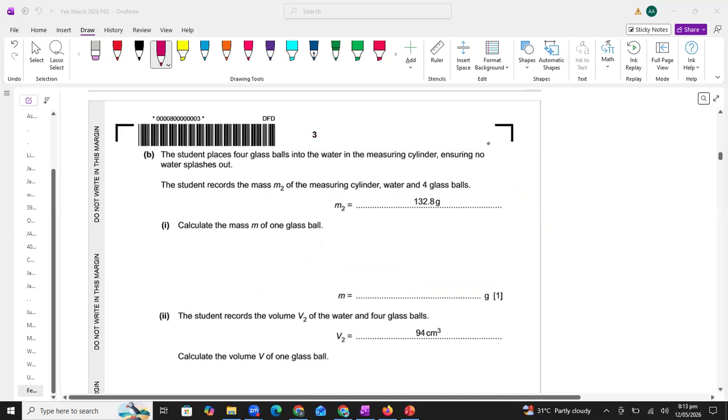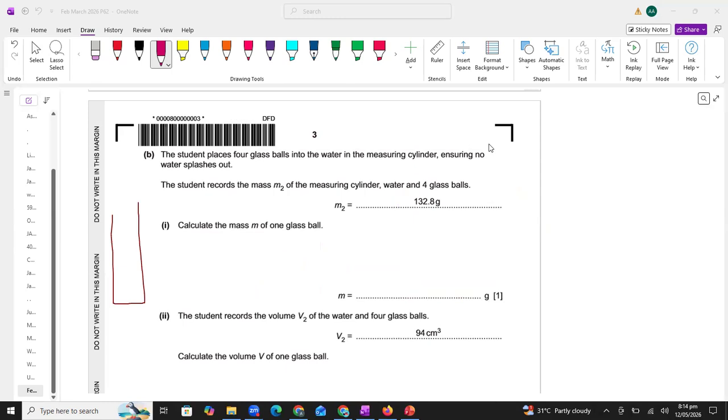In part B, they are saying the student places 4 glass balls into the water in the measuring cylinder, ensuring no water splashes out. So basically, this is the measuring cylinder and this is the amount of water in it, and they are placing the 4 glass balls in this measuring cylinder and no water is splashing out.